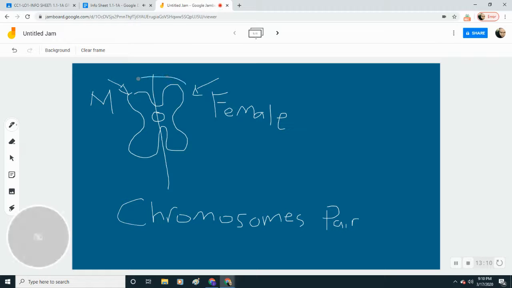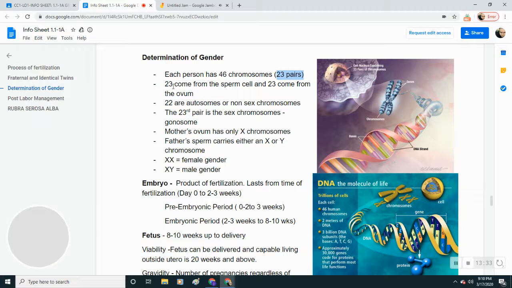So meron tayong 23 perasong ganito sa bawat cell. Okay? So ibig sabihin, we have 46 chromosomes, 23 pairs. Okay? Naintindihan? So these 23 come from the sperm cell, and 23 come from the ovum.